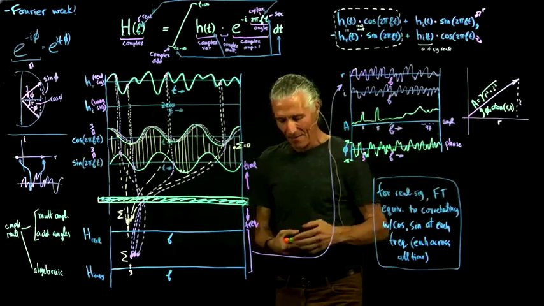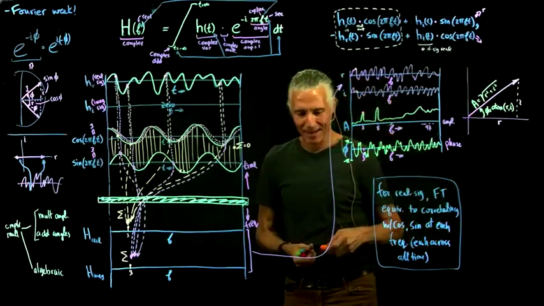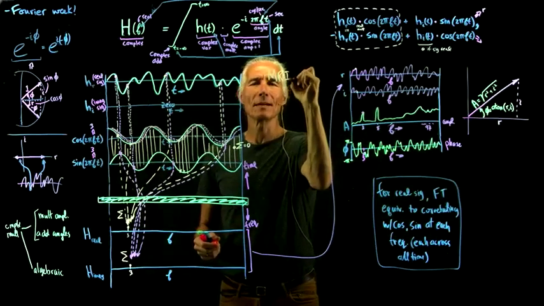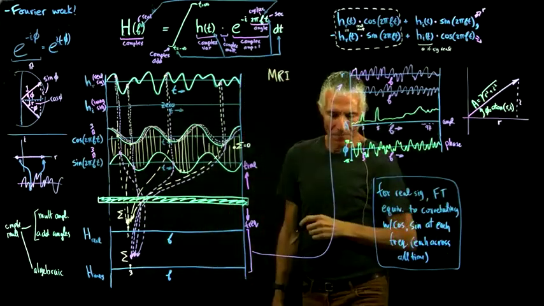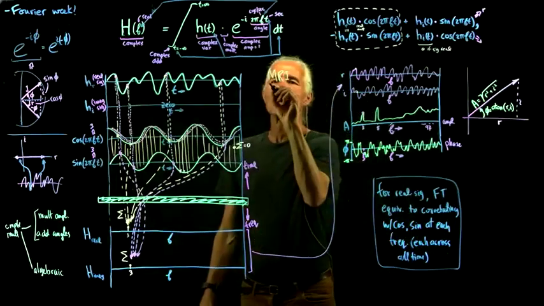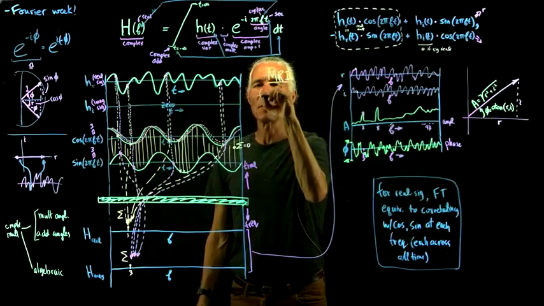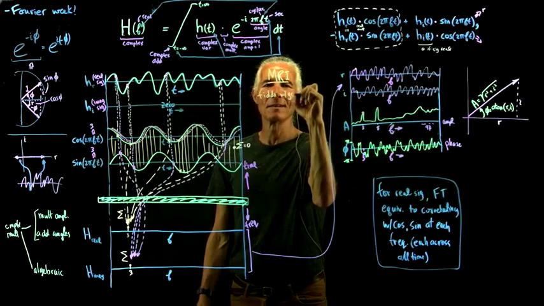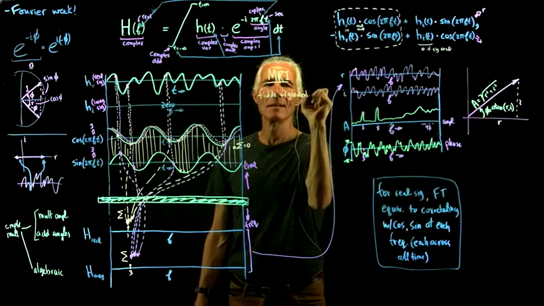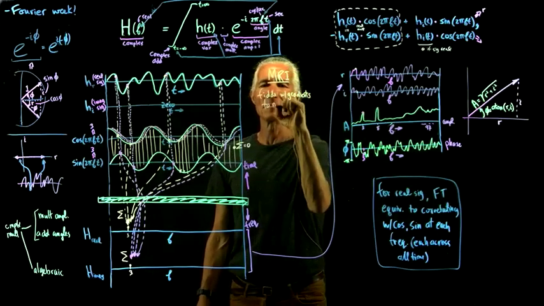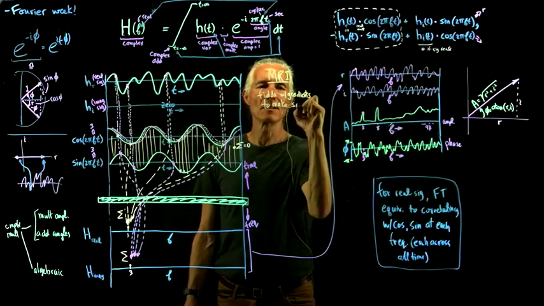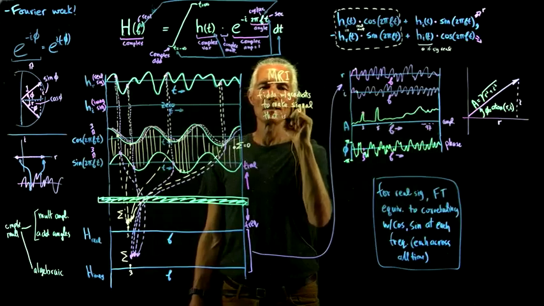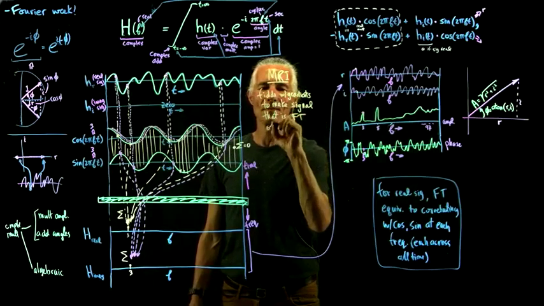So last but not least, how is this related to MRI? Why do we want to know about it for MRI? Basically, how does MRI work? Well, we fiddle with gradients to make signal that is the Fourier transform of the brain.